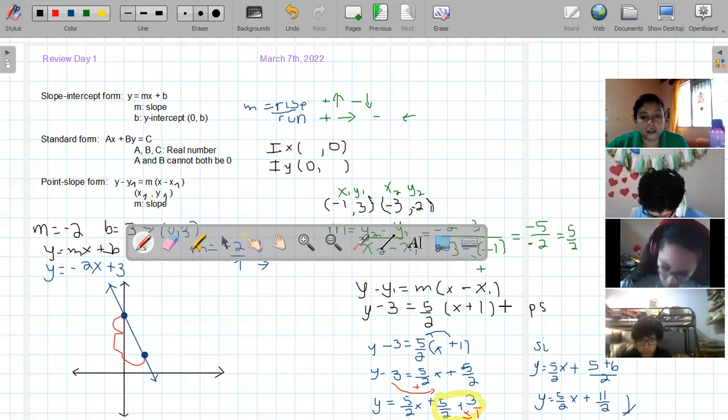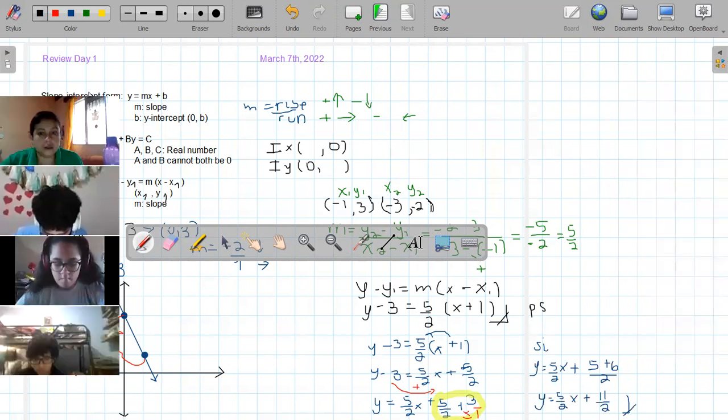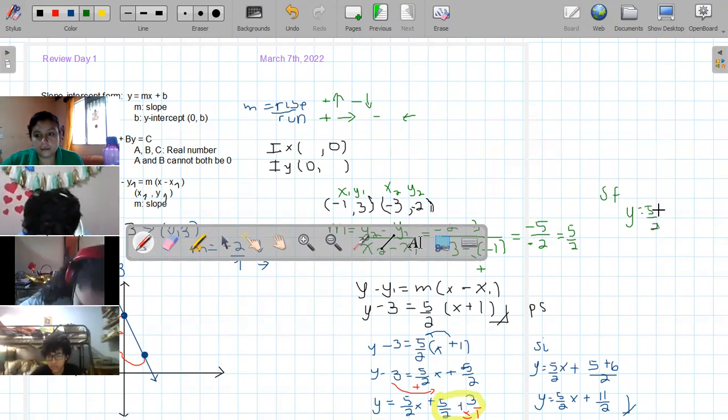Okay, so I found already two forms: point slope form and slope-intercept form. Now I'm going to do the standard form. For the standard form, I'm copying this. So y is equal to 5/2 of x plus 11/2. And the standard form requires for you to have both variables on the same side. So you can either choose to pass the x to the left, or you pass the 11/2 to the left and the y to the right.